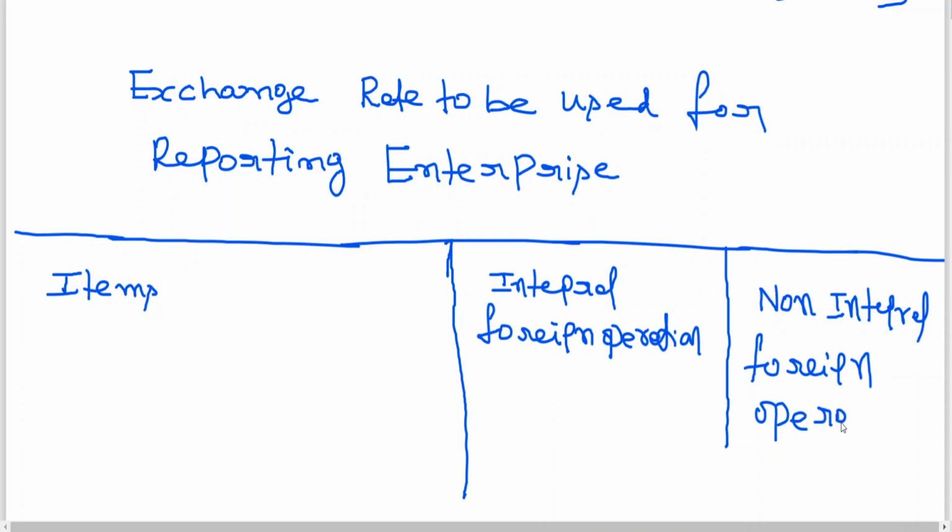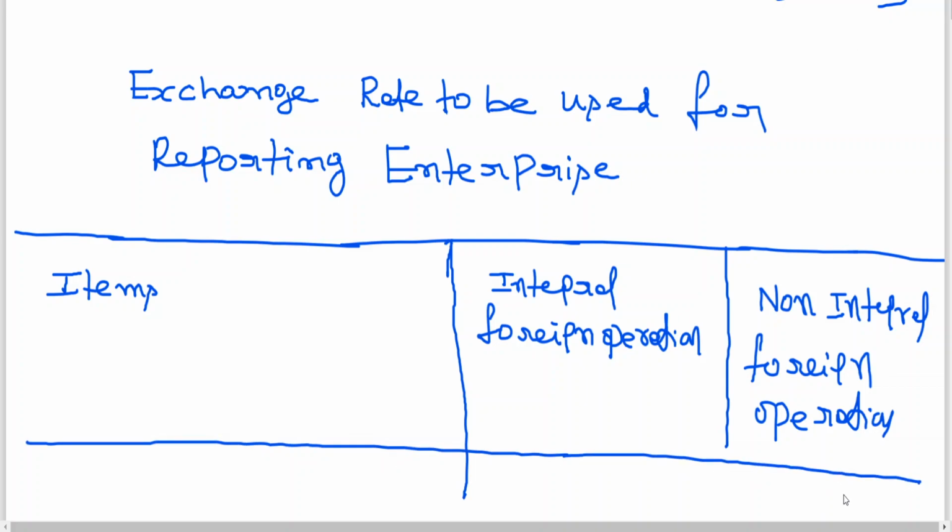See, before we discuss this, we need to have clarity. You are converting the trial balance into the reporting enterprise currency, that is, if you take the example of India. So we need to go for classification of items and also the rate which is applicable.